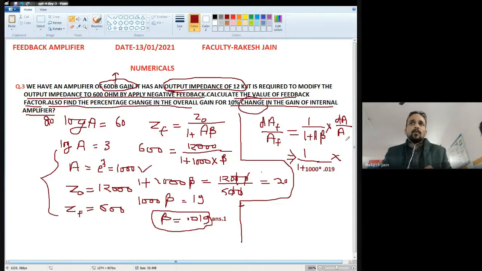It means dA upon A. dA upon A is known as the variation in the gain without feedback case, or the change in the gain of the without feedback case, or the change or variation in the gain of the internal amplifier. The three terms are correlated. So dA upon A is given as 10%. 10% means 10 upon 100, that is 0.1.